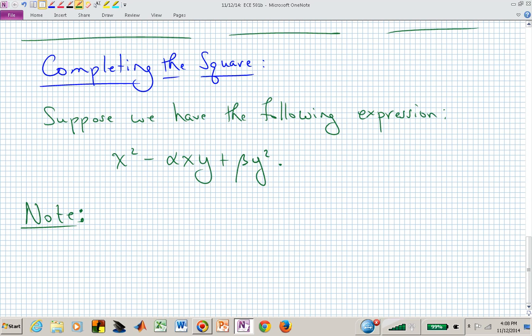We're basically going to add 0 to that equation. But the observation that we want to make is if we look at x minus alpha over 2 times y and square that, then we simply get x squared minus 2 times alpha over 2 x times y plus alpha over 2 squared y squared.